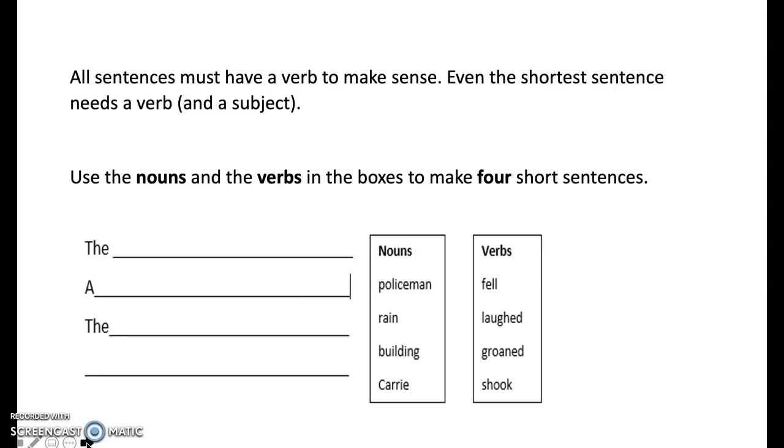So rain would be the noun and the verb would be fell. So we have a subject, which is rain, and we have the verb, which is fell. So that is a complete sentence. It's a short, simple sentence with a subject and a verb. You're going to pause the video and you're going to make 4 short sentences using the nouns and the verbs from the box.